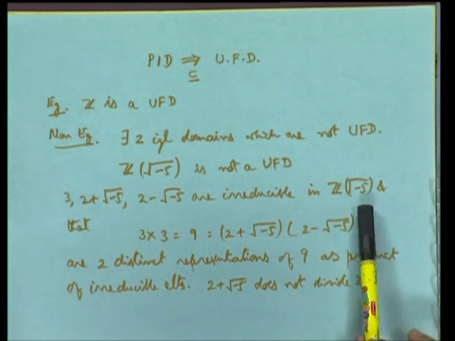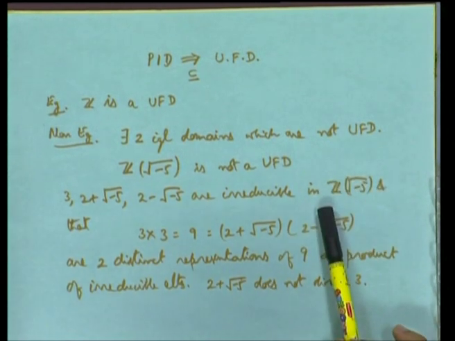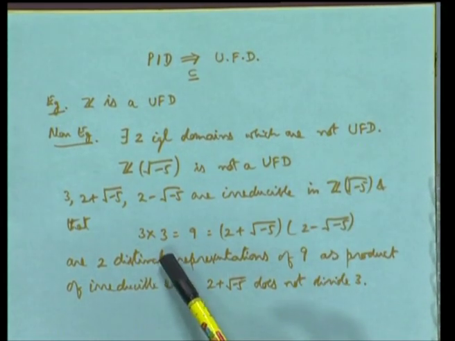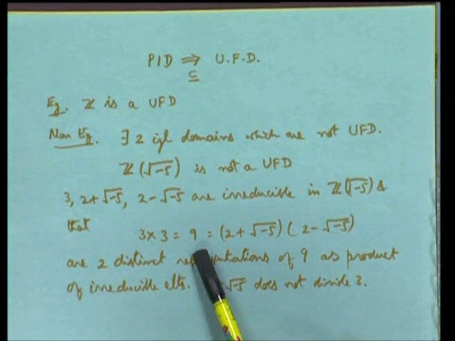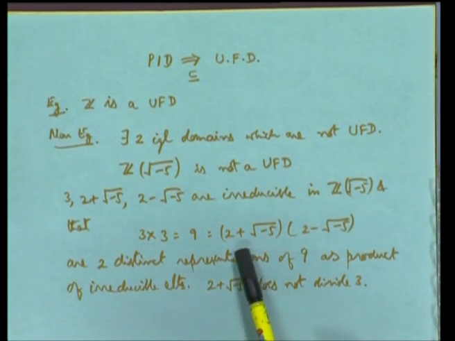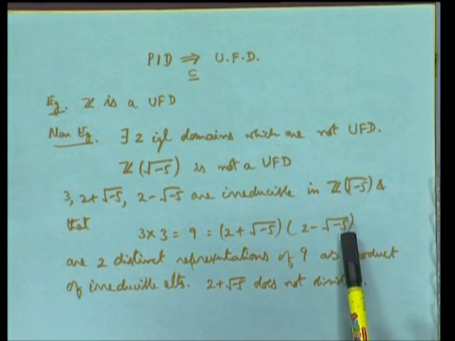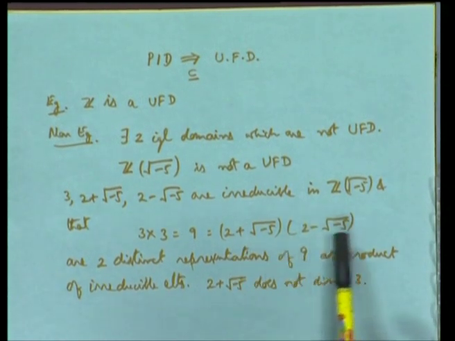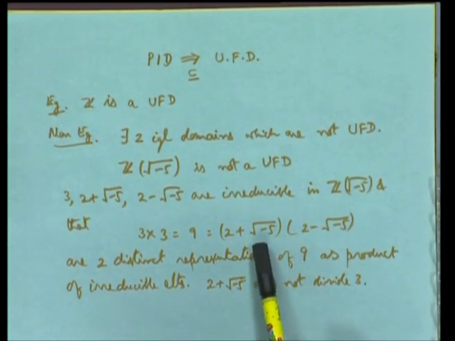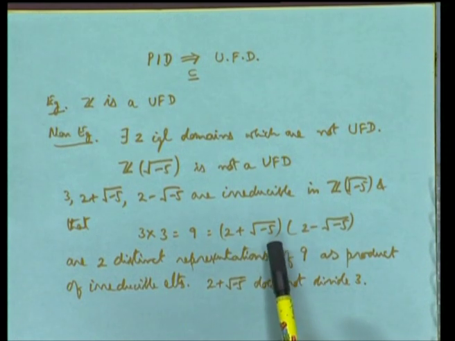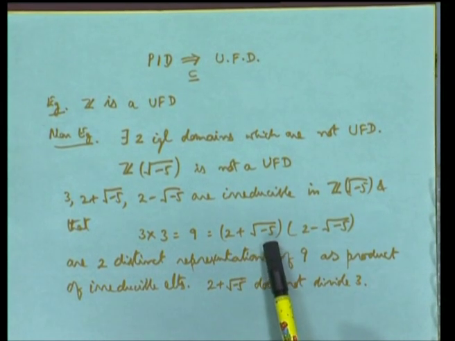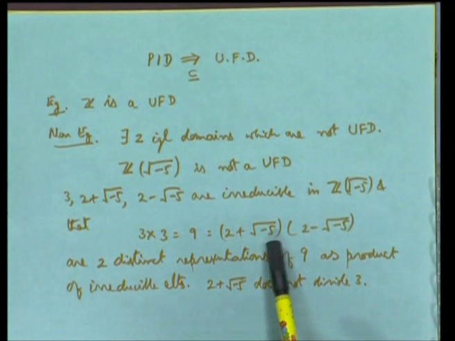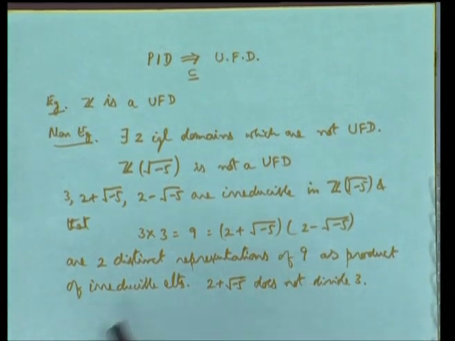These are irreducible in the set Z[√-5], and we have 3 into 3 is 9, and 9 is also equal to (2 plus √-5) into (2 minus √-5). This is (a plus b) into (a minus b), the product is a square minus b square, that is 2 square minus (-5), that is 4 plus 5, that is 9.